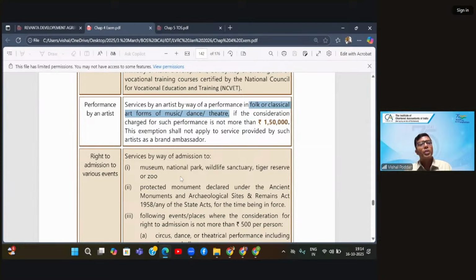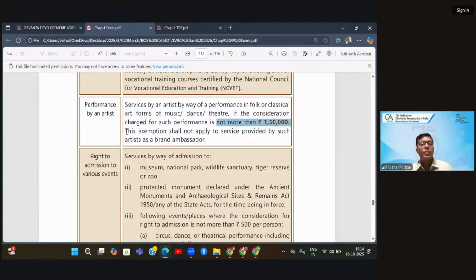So whenever she performs or she does a stage performance, that is what is covered in this exemption entry. Now, her fees, her performance fees, if it is up to 1,50,000 for that performance, it will be exempt. But if her fees is more than 150, it will be fully taxable.